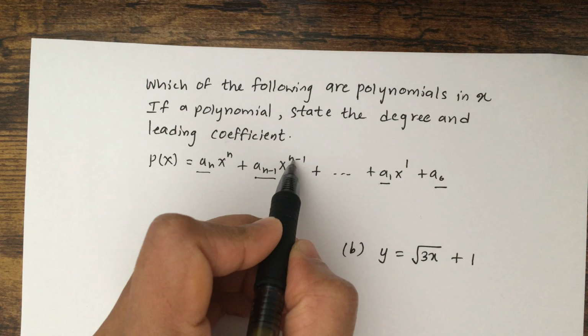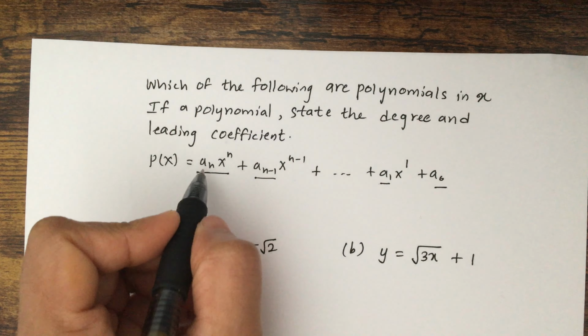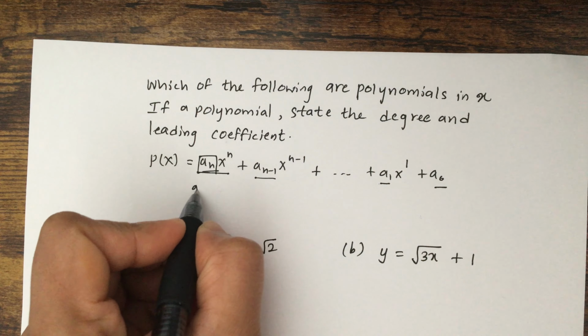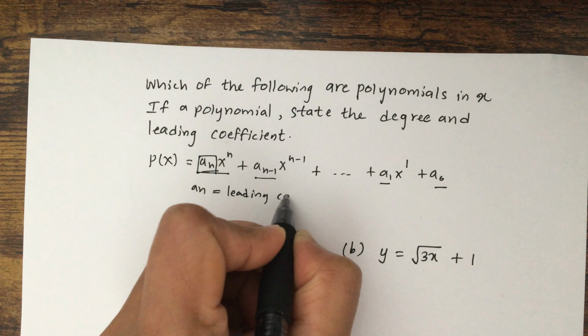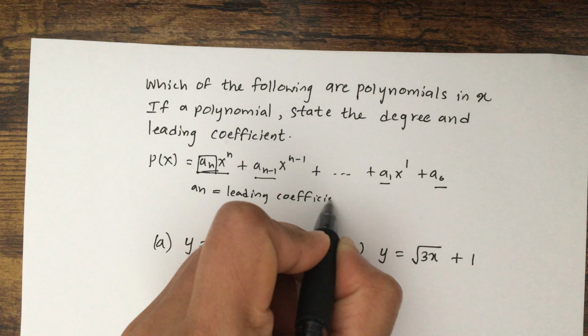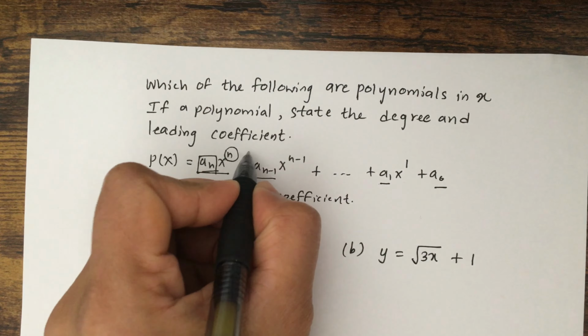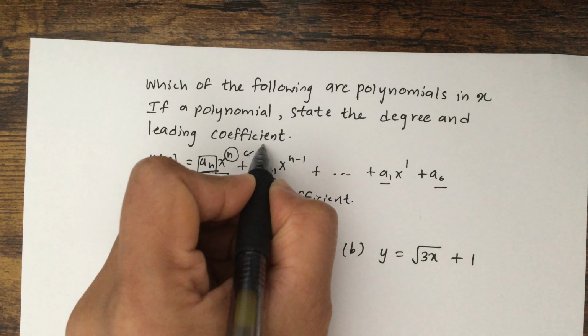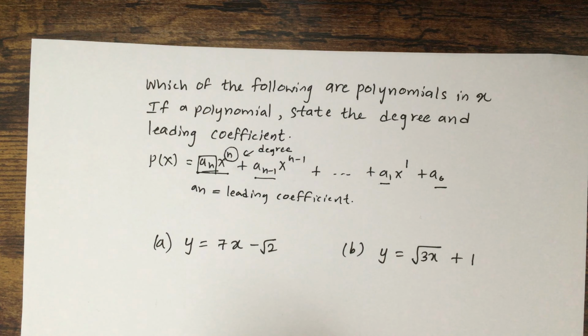So this is x to the power n. This is the leading term, right? And this a_n is the leading coefficient. And the degree is the highest power of the x terms. So this is the degree of this polynomial, right?